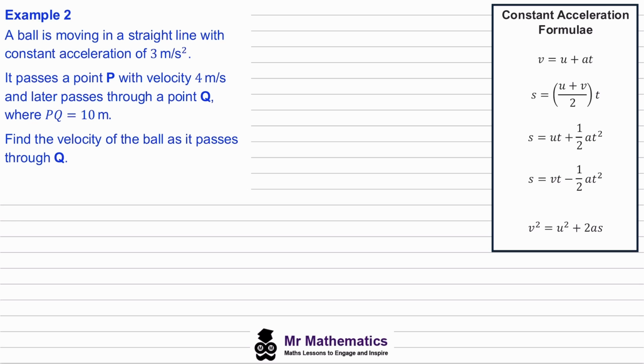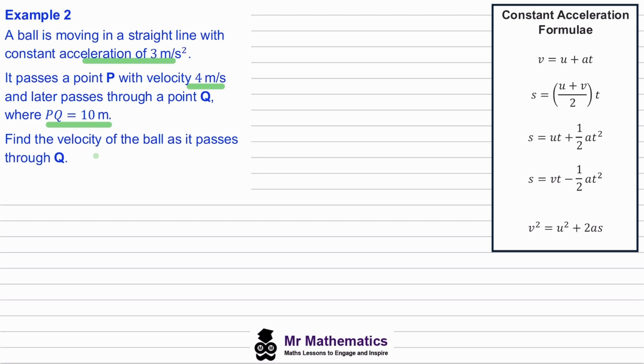So if we begin with example 2, a ball is moving in a straight line with constant acceleration 3 meters per second squared. It passes point P with velocity 4 meters per second and later passes through point Q where PQ is 10 meters.